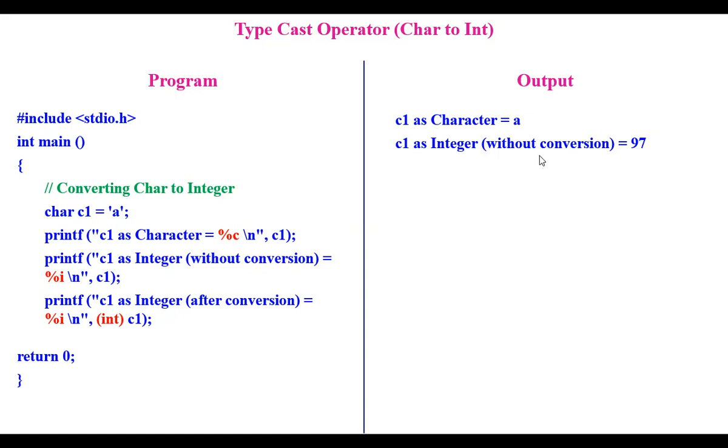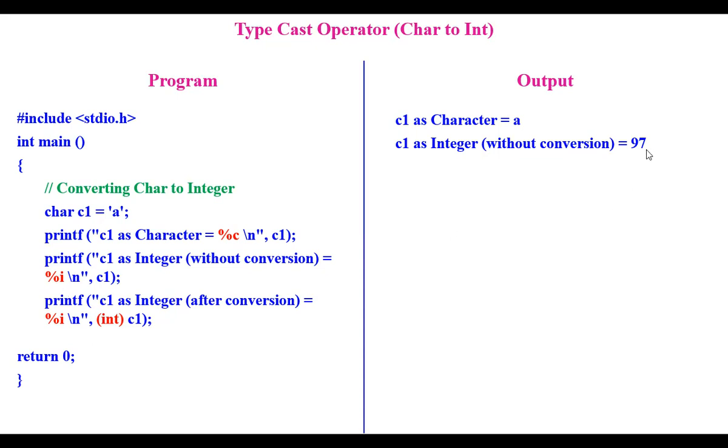The programmer has not done anything. So it is showing the ASCII value of the small letter A, that is 97. So what has happened here? The compiler is acting. The compiler did the job. How? It is showing this character value in integer form.